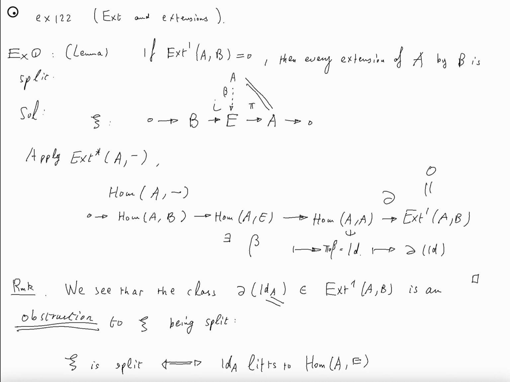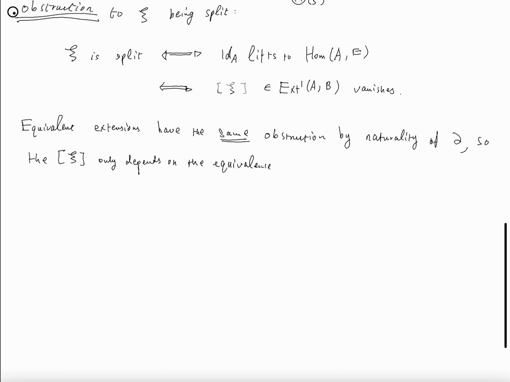So let's give notation. You could avoid giving this notation and just use partial identity A, but to say more clearly that this partial identity A is related to C, let me change the notation to this. It only depends on the equivalence class of C.